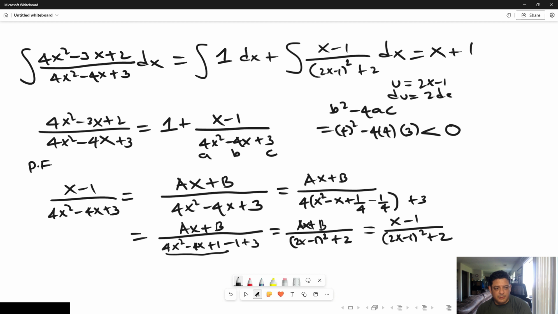So this is going to give me a 1/2 out. And this bottom is going to become u squared plus 2. And now the top, I got to find out what x is. So from here, u minus 1 over 2 is just x. So that's what I replace over here. This is like 1/2 u minus 1.